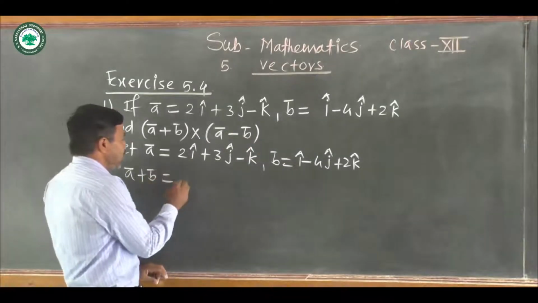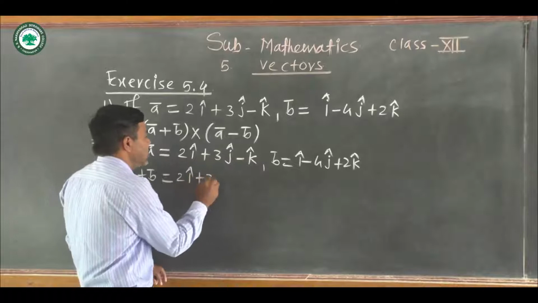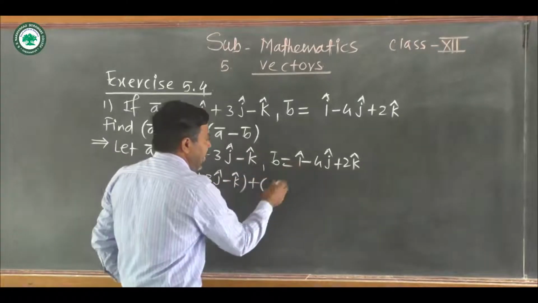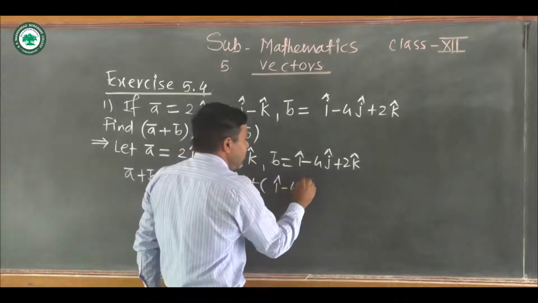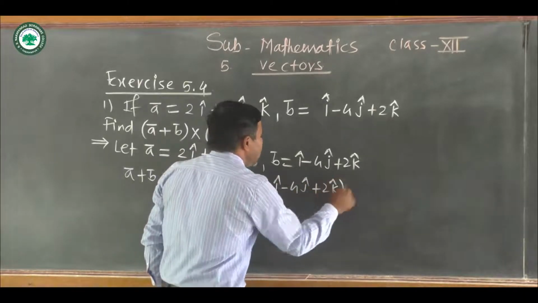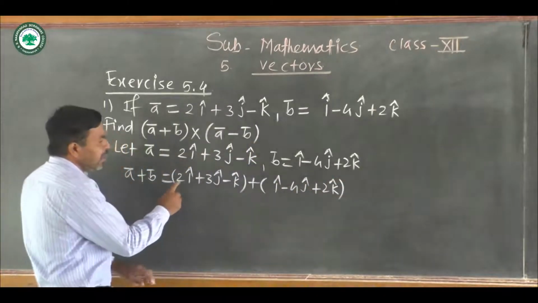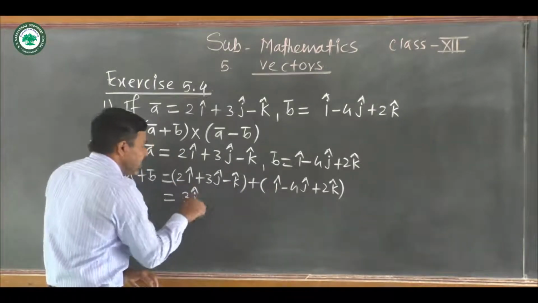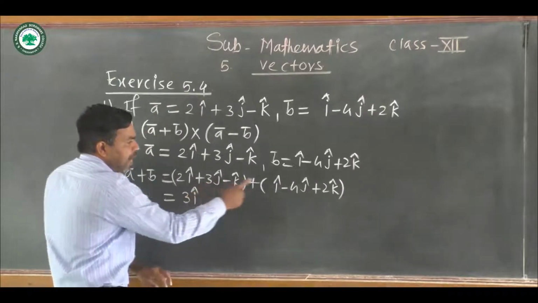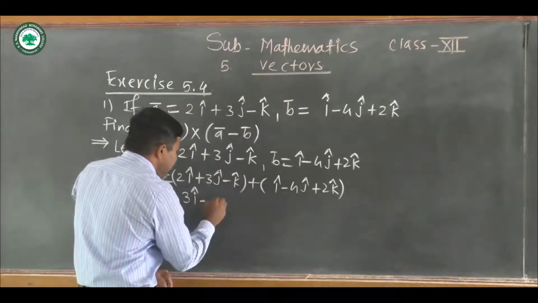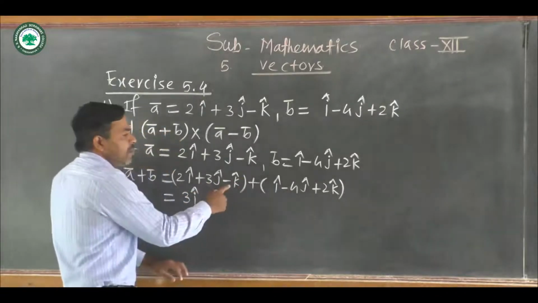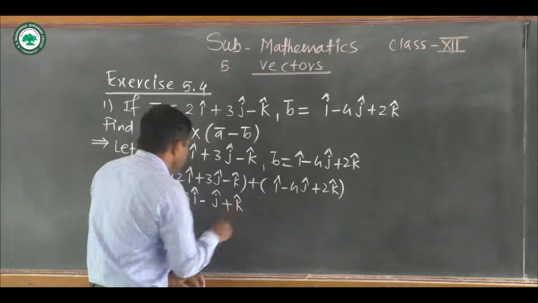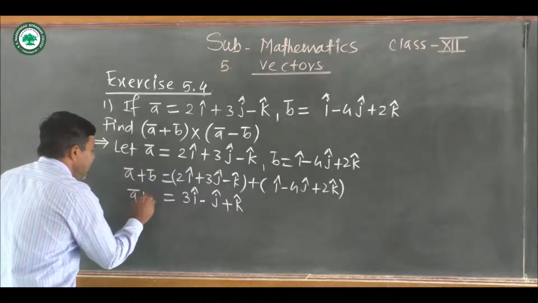So a bar plus b bar is equal to 2i cap plus 3j cap minus k cap plus i cap minus 4j cap plus 2k cap, and it is equal to 2i cap plus i cap, that is 3i cap, 3j cap minus 4j cap, that is minus j cap, minus k cap plus 2k cap, that is plus k cap. So this is your a bar plus b bar.